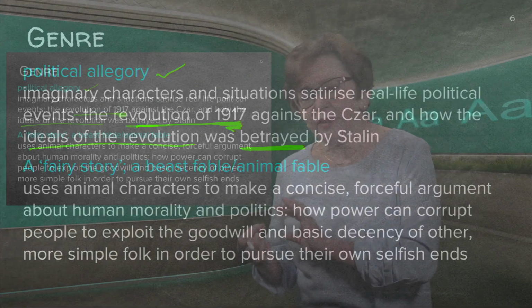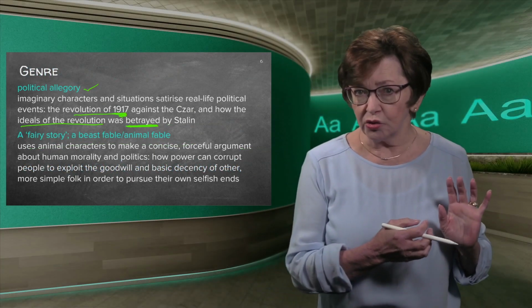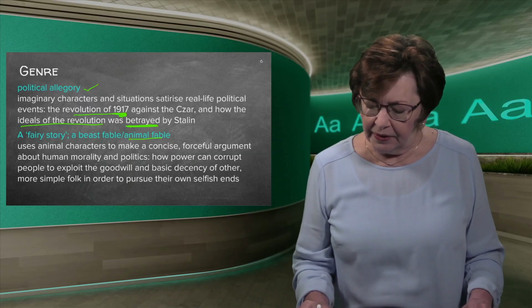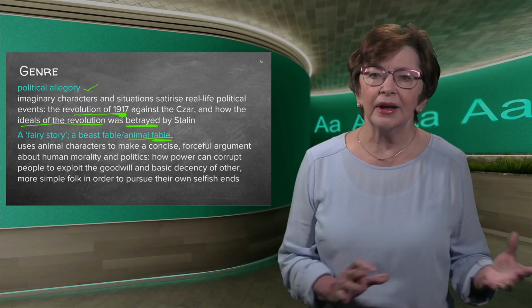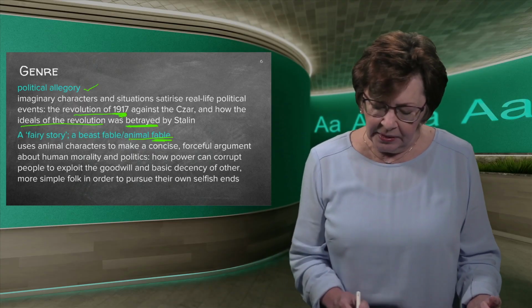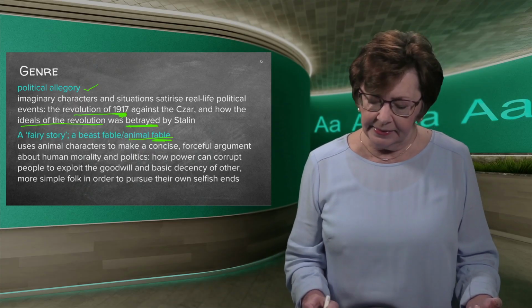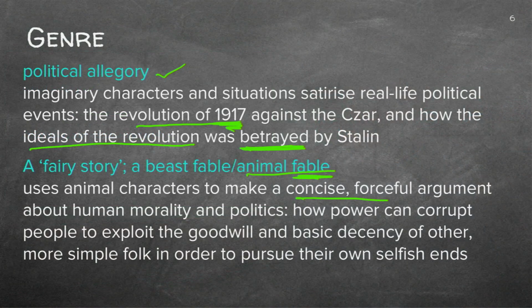But it's also a subgenre of the fairy story, an animal fable, and that just means that animals are used as characters, and they make concise, forceful arguments about human morality. Remember that these animals make statements about human morality, and eventually that is the message of the book.